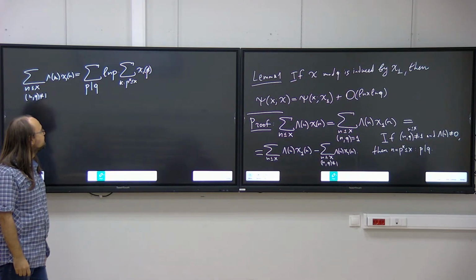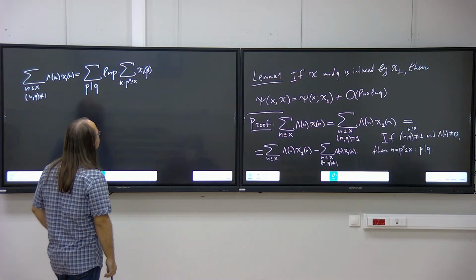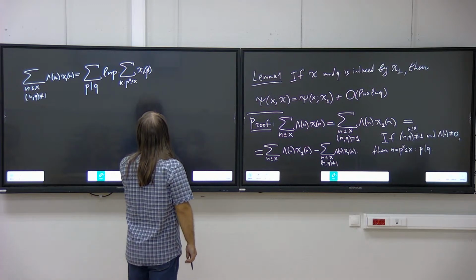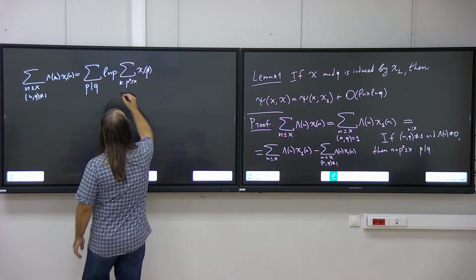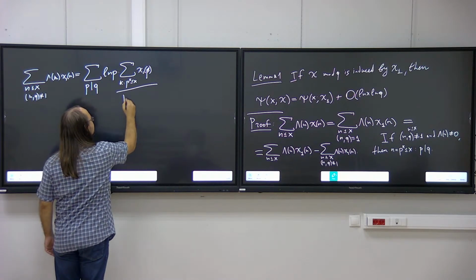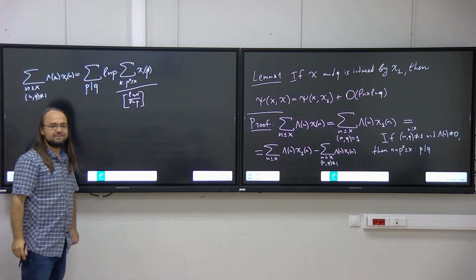By definition. So we can probably remove the product here and replace it with something else. Okay, so this sum contains at most integer part of log x over log p summands, right?